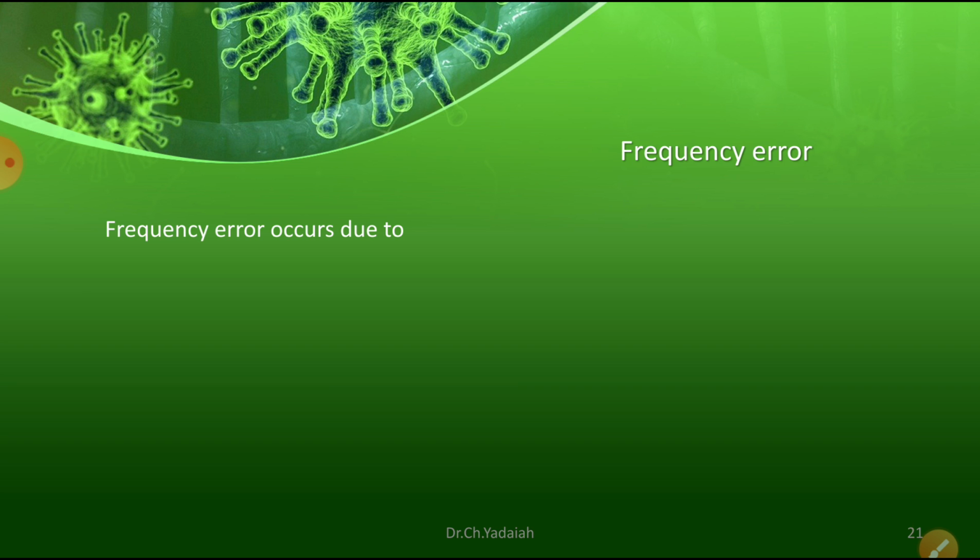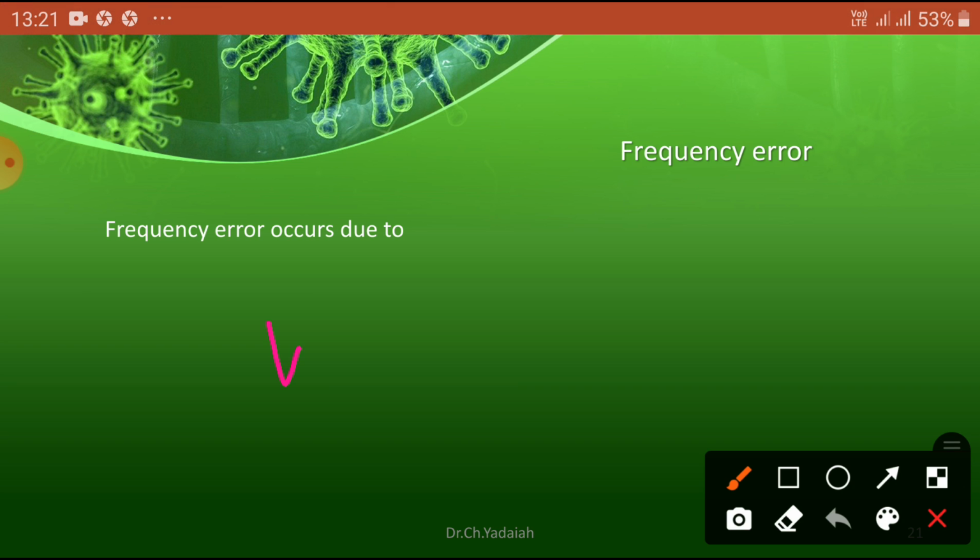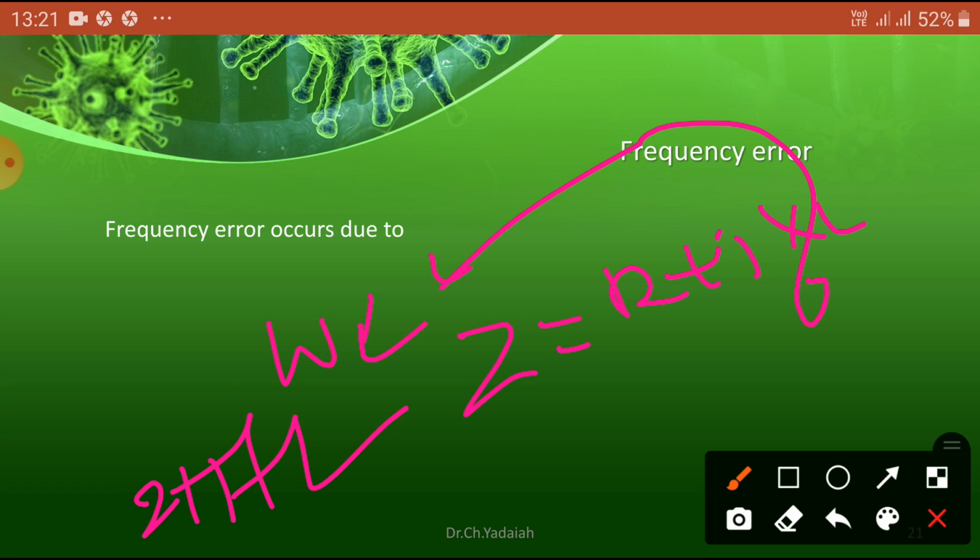As we know, the impedance Z is equal to R plus j XL, where XL is equal to omega L, and omega is equal to 2 pi f, where f is the frequency.